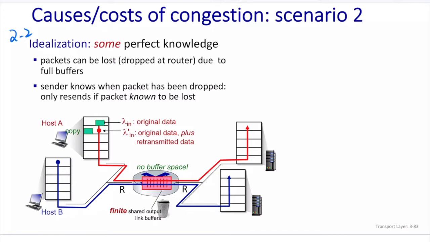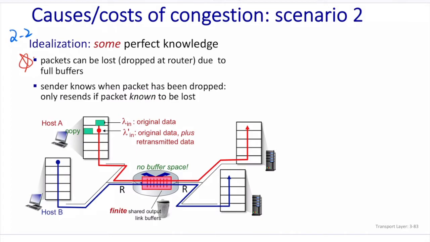If the sender has some perfect knowledge, the assumption is a little bit strange again. The packet can be dropped at the router due to full buffers. But the sender knows magically when a packet has been dropped, and only resends if the packet is known to be lost.